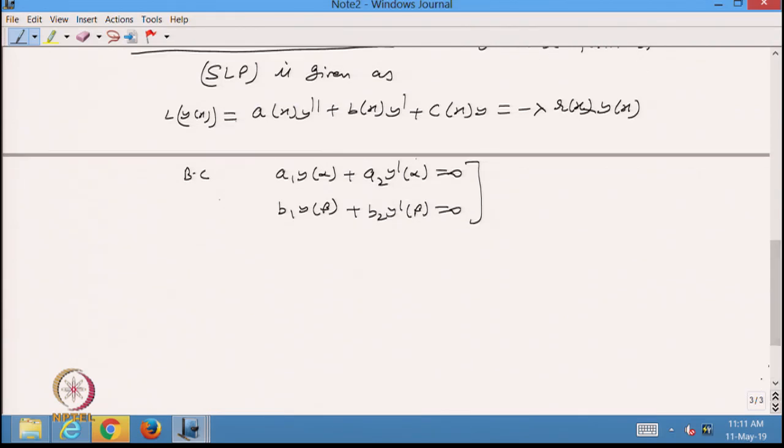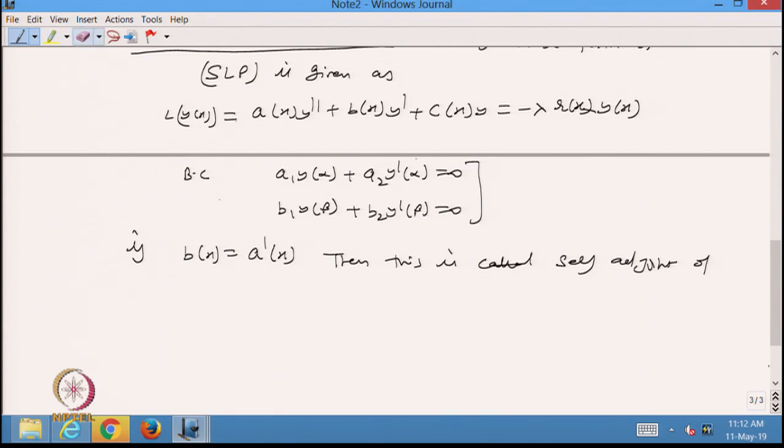Now, if in this case b(x), the coefficient of y dash, is equal to a dash(x), then this is called the self-adjoint operator, the self-adjoint equation.